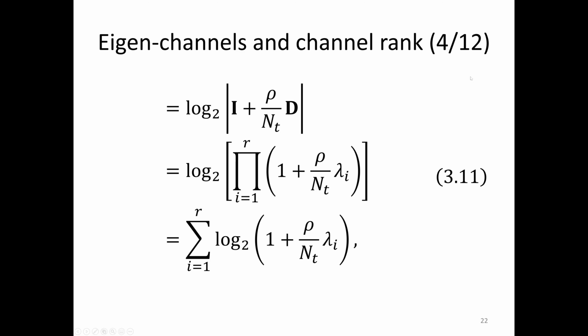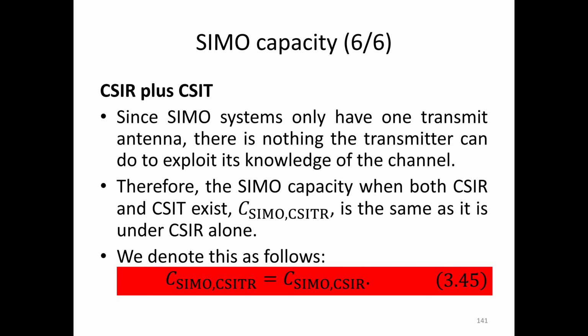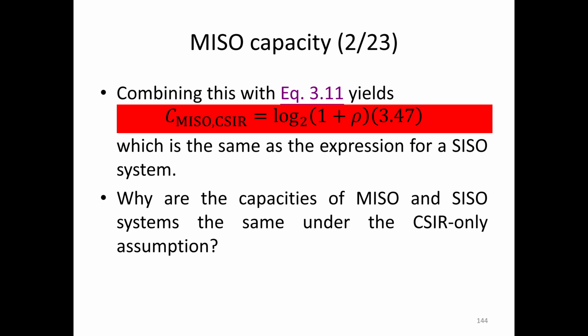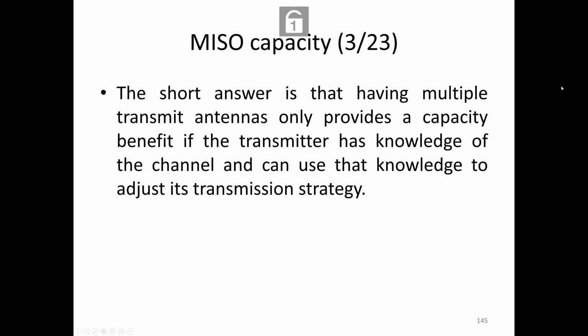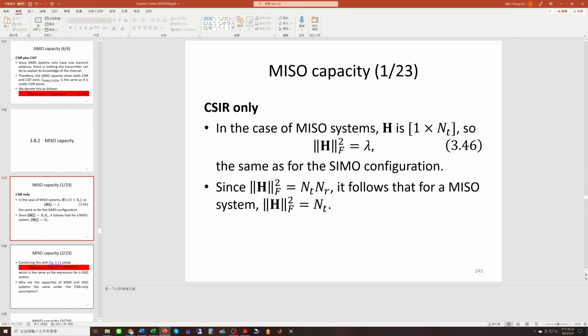Turn to page maybe 140. So combining this with what we have, this means that the square of the Frobenius norm of H is equal to NT.